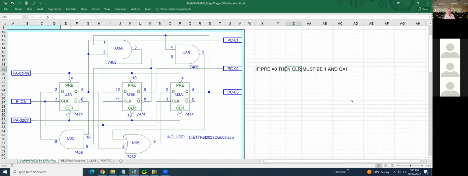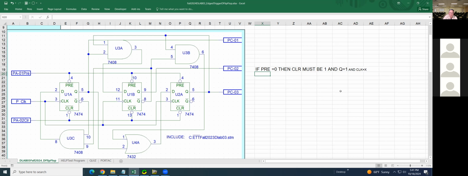Right, clear must be 1, but the output is 1. Okay, no clock needed. Clock don't care. Right? There are two conditions that you're talking about. When pre is 0, Q is 1, and when clear is 0, Q is 0. No matter what.